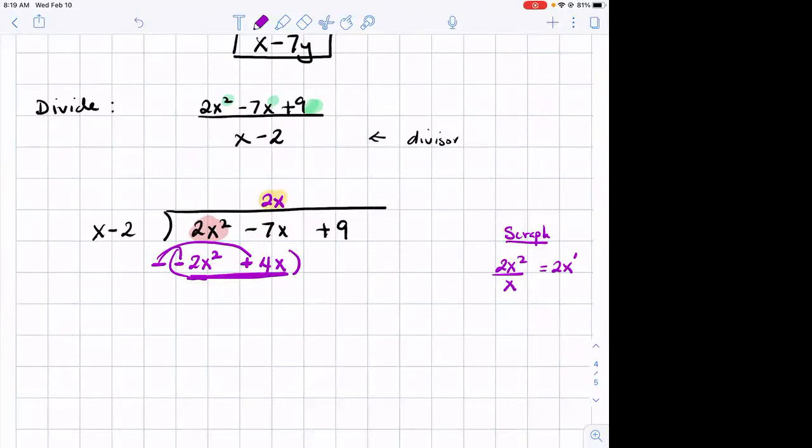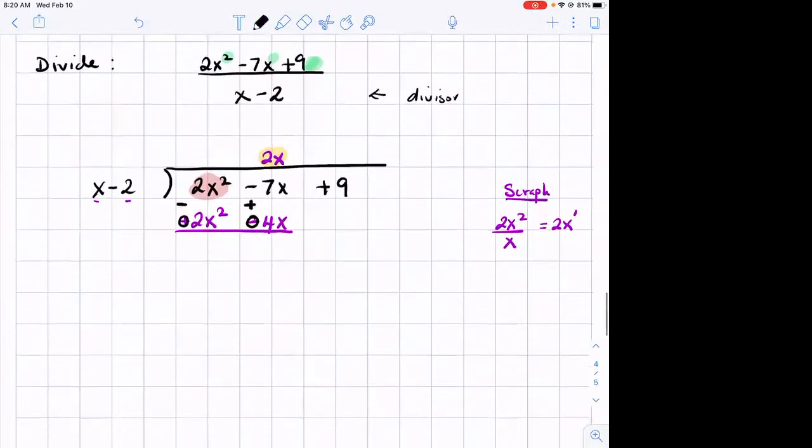As you distribute, 2x times x becomes 2x squared, 2x times minus 2 becomes minus 4x, and then we change the signs. Rather than this being a plus, it becomes a minus. Rather than this being a minus, it becomes a plus.